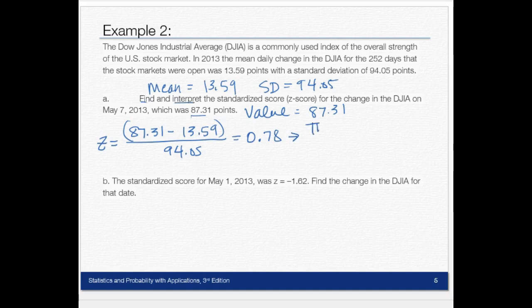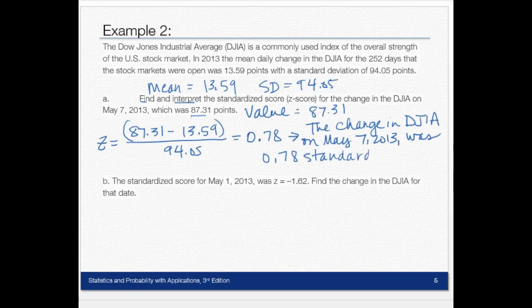We would say the change in the Dow Jones Industrial Average on May 7th, 2013 was 0.78 standard deviations above the mean of 13.59. Okay, so notice you have context, and you tell me it's so many standard deviations, and you have to tell me above or below the mean.